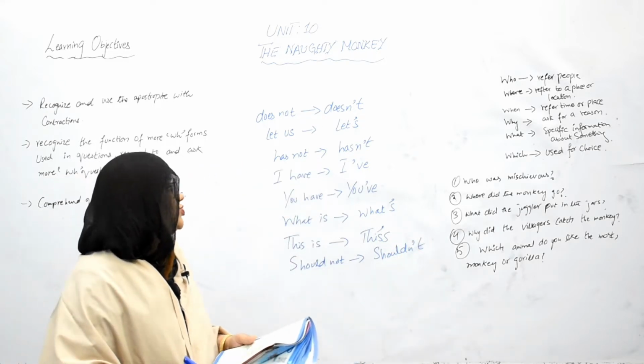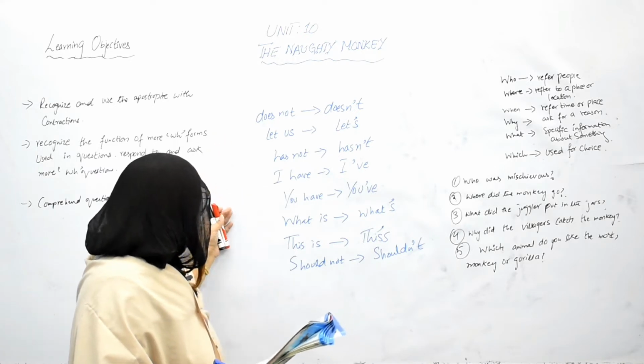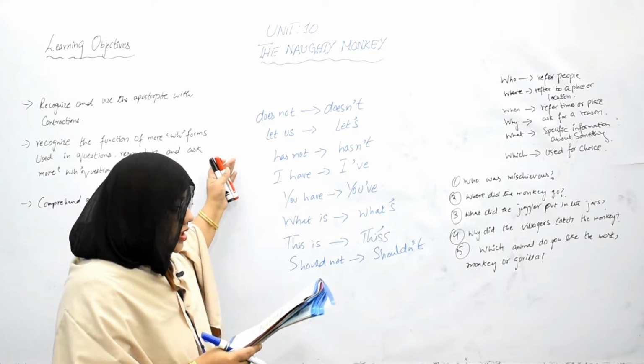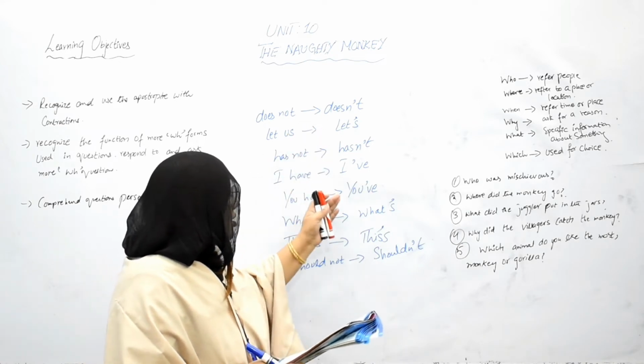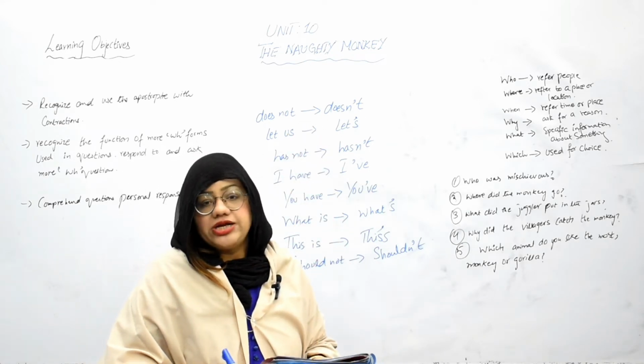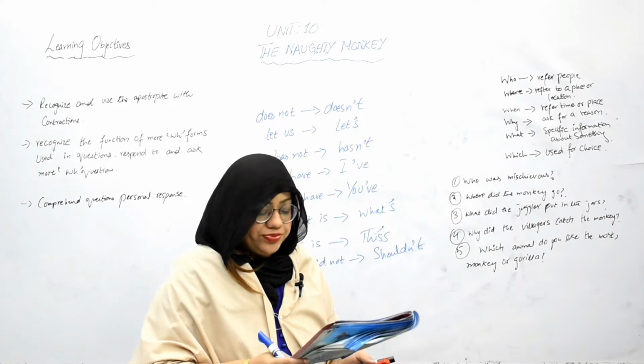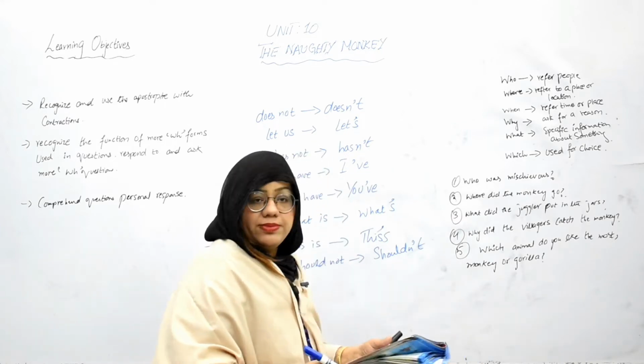So in this way, students, we can contract two words and join them, forming these shortened forms that are called contractions. So I hope now you have an understanding about it.